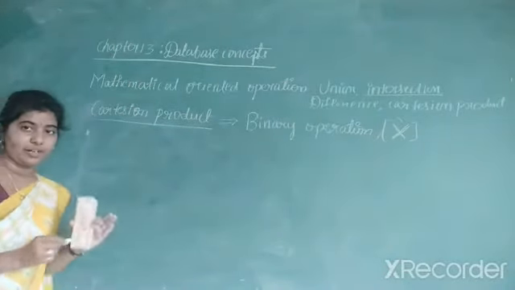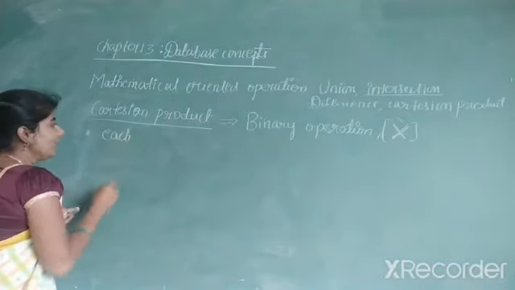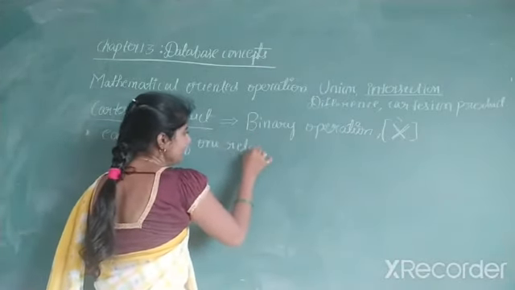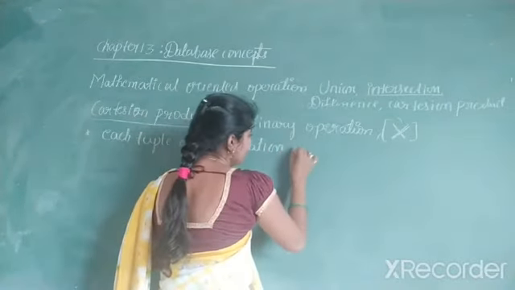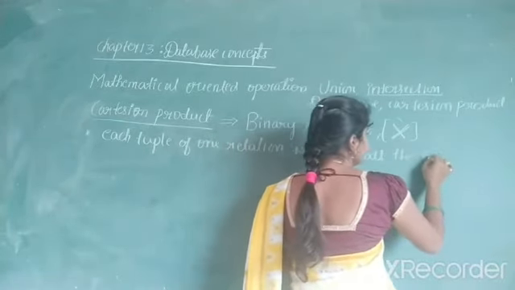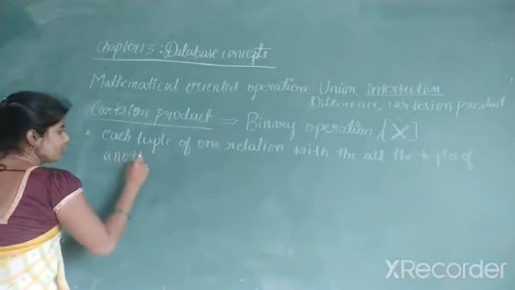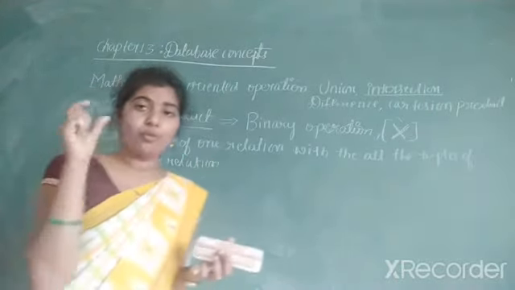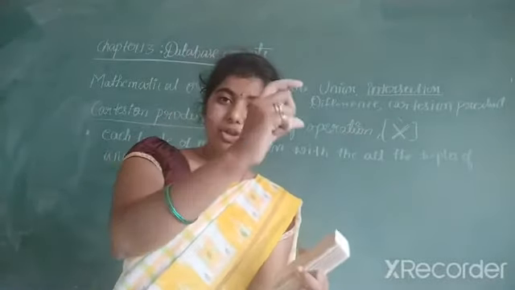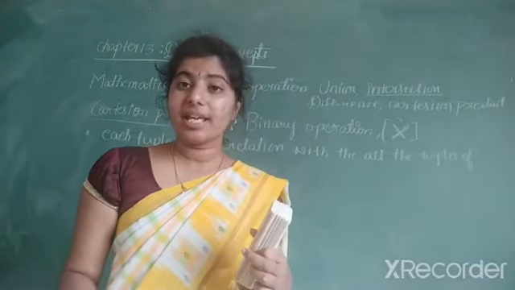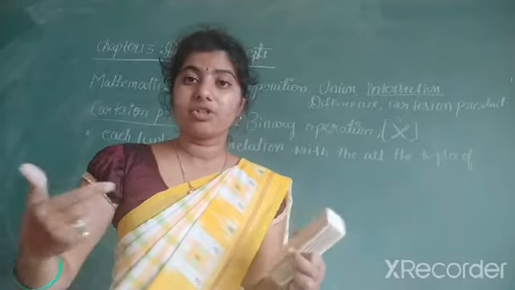It means it will take one tuple of one relation and combine it with all the tuples of the other relation.